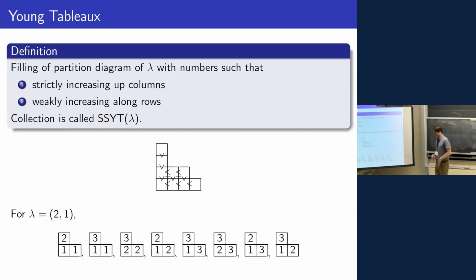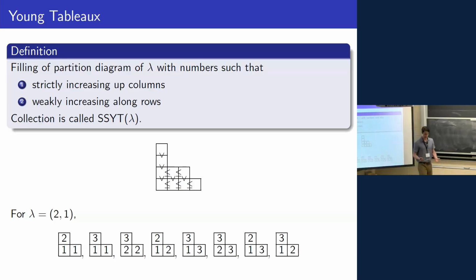As I said, we like to draw pictures. This may seem unmotivated if you've never seen it before, but I like it because we can take these boxes and fill them with numbers according to a certain rule, and ask how many of these things there are. I want to fill the boxes with numbers such that they strictly increase as I go up the columns and weakly increase along the rows.